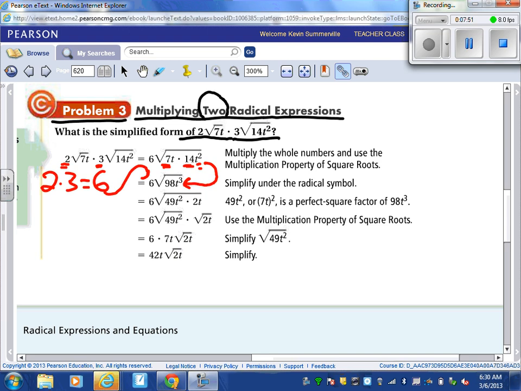I need to break down that number into a number that is a perfect square times another number. And if you look at what they did, they found that 49 is a perfect square factor of 98, so it's 49 times 2t.